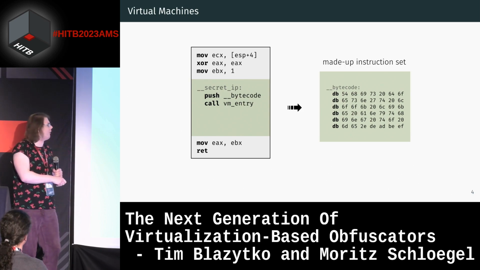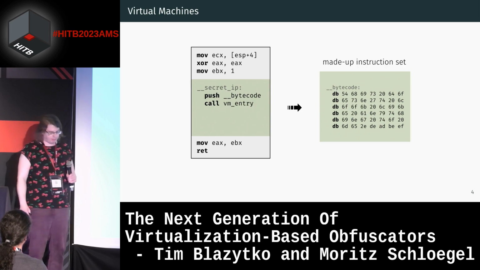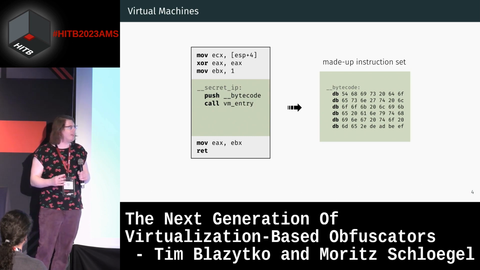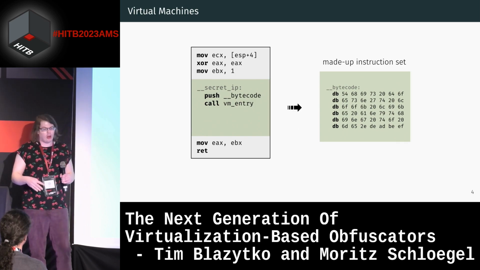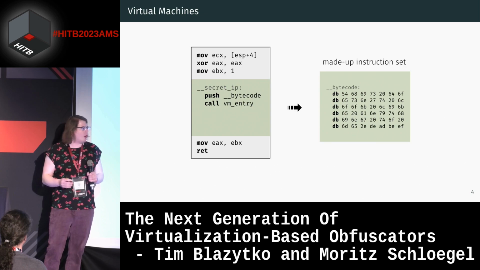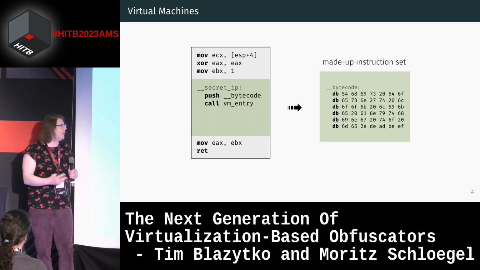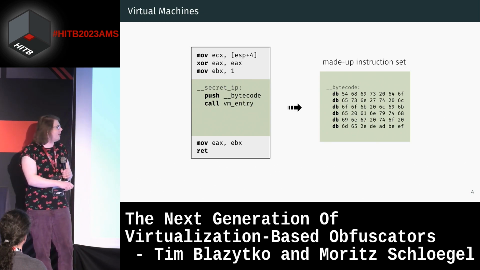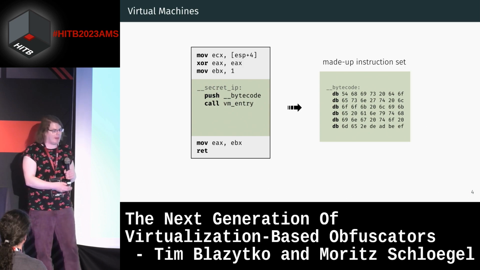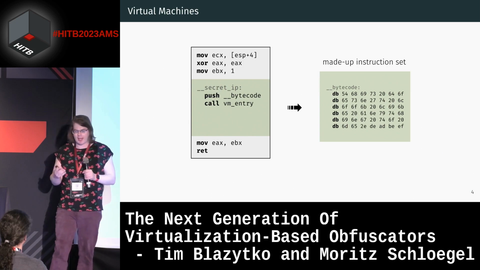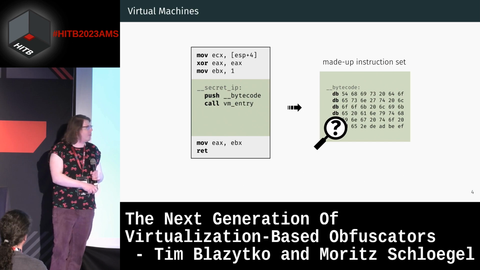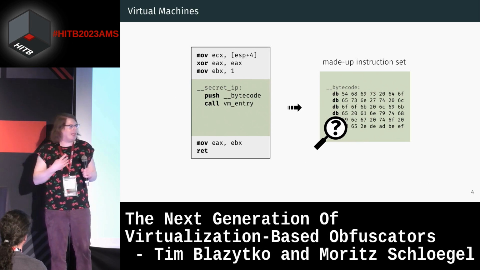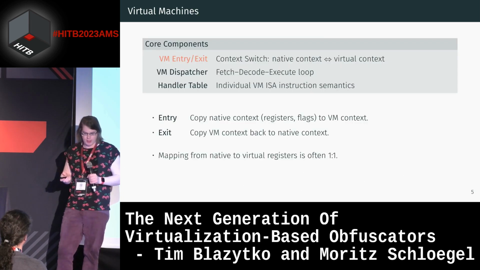And then we call a function, the VM entry, which is basically a virtualization interpreter in software that takes the bytecode as input and performs some computations based on it. You can think of it as a JVM interpreting JVM code, just in an obfuscation scenario. If we opened this data blob, it wouldn't have any meaning for us.